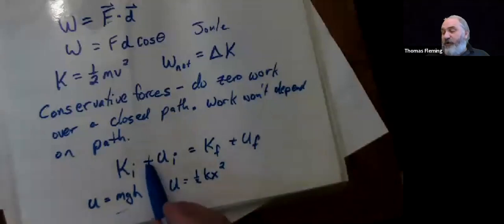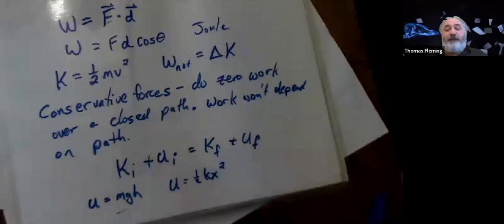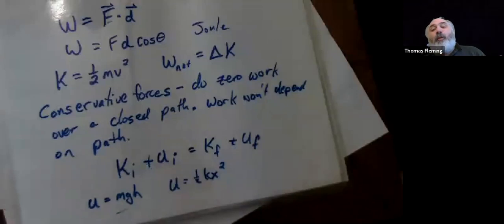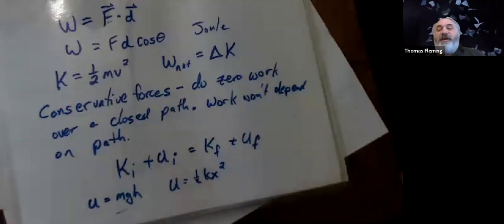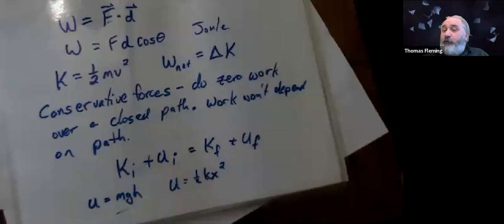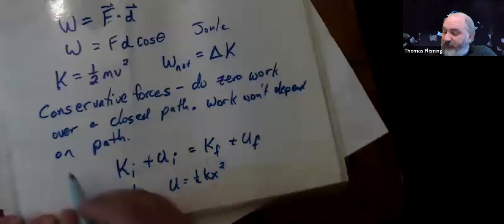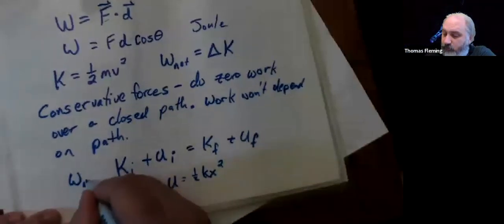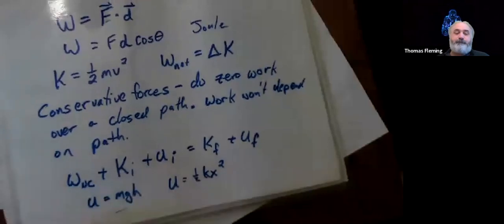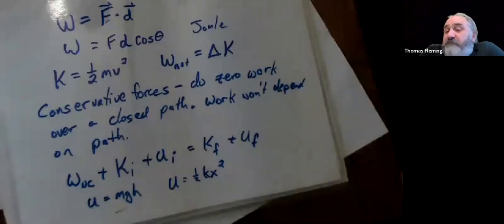So my starting energy and my ending energy might be slightly different. But the amount by which they will be different will be however much work those non-conservative forces did. So all I have to do in the presence of non-conservative forces is add a term. So I can just simply add in the work that those non-conservative forces did, and I'm good to go.